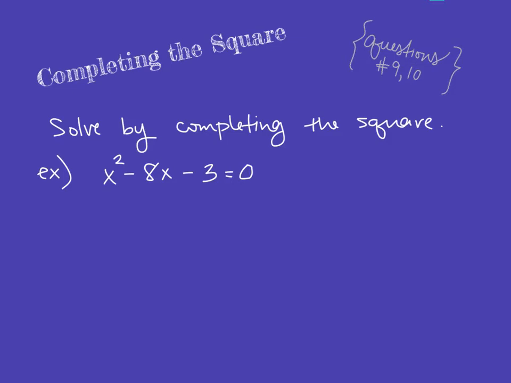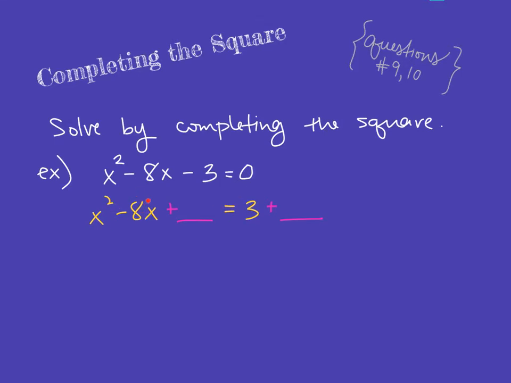We want to create a perfect square trinomial. So what we're going to do is get the 2 terms with x by themselves. So we're going to add 3 to get it over to the other side and leave a little space. So we added 3 and I left a little space here. So what we're going to do is add the same number on both sides because that's what an equal sign means. What is that number?